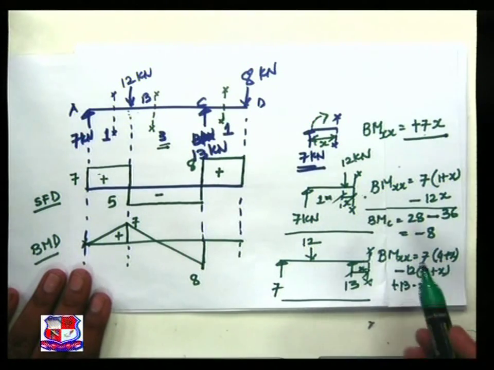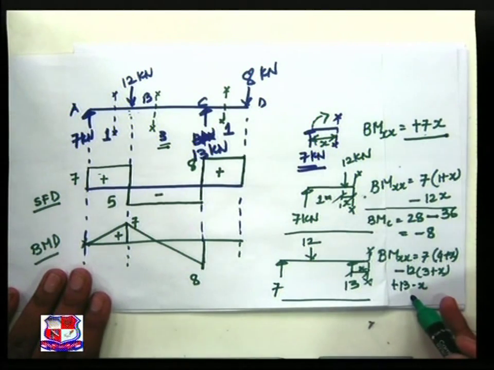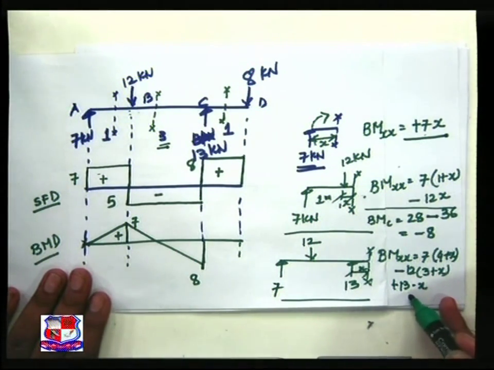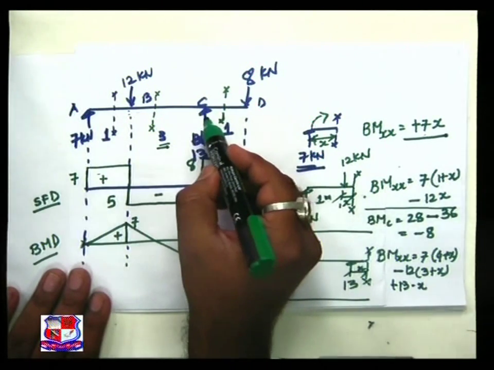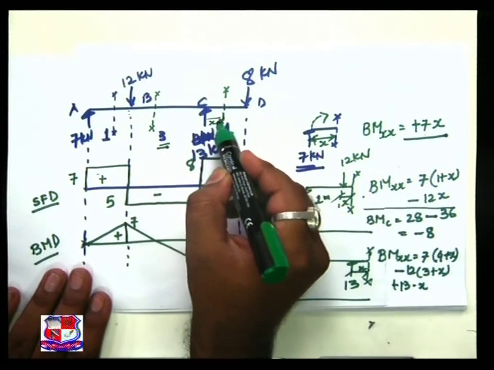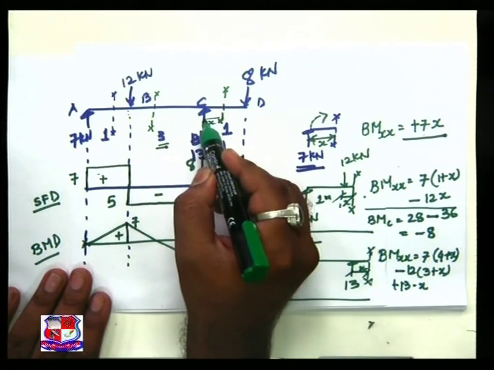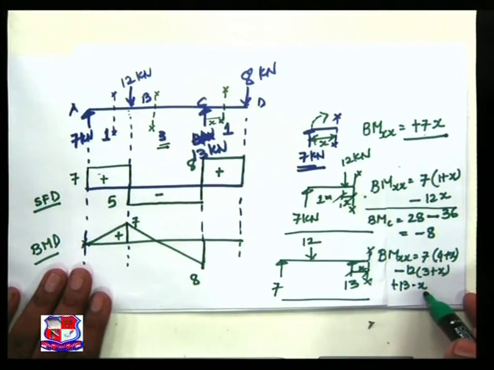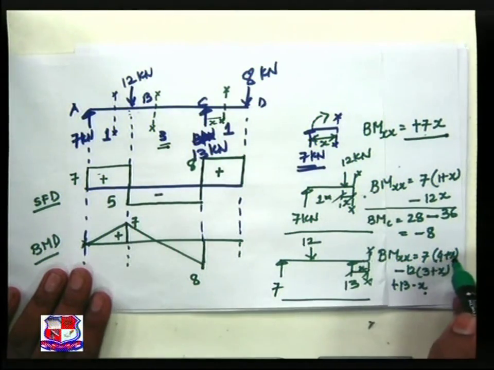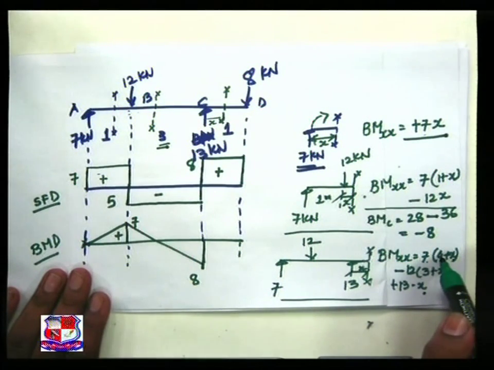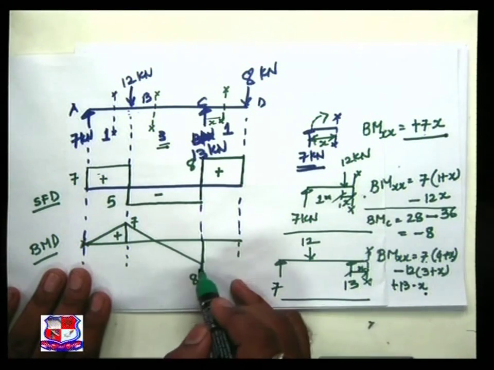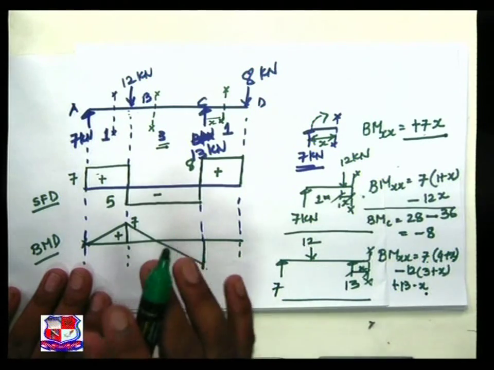Now, when x is equal to 0, my bending moment is at C, because my x is from C. X is equal to 0, BM at C. This component is nullified, it is 0, so 7 into 4, 28, minus 36, is minus 8, which we have already achieved.